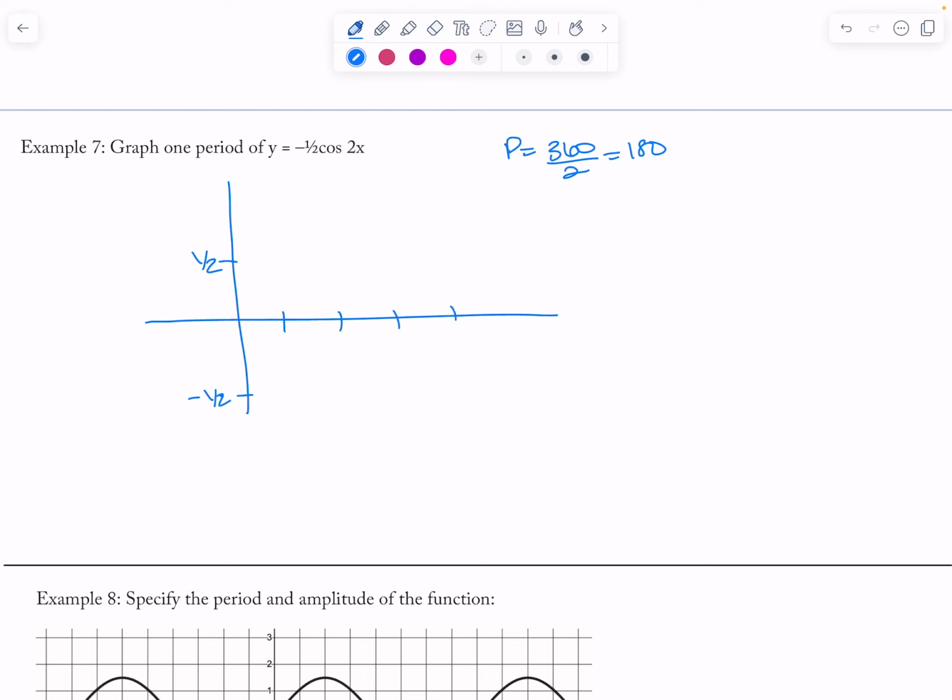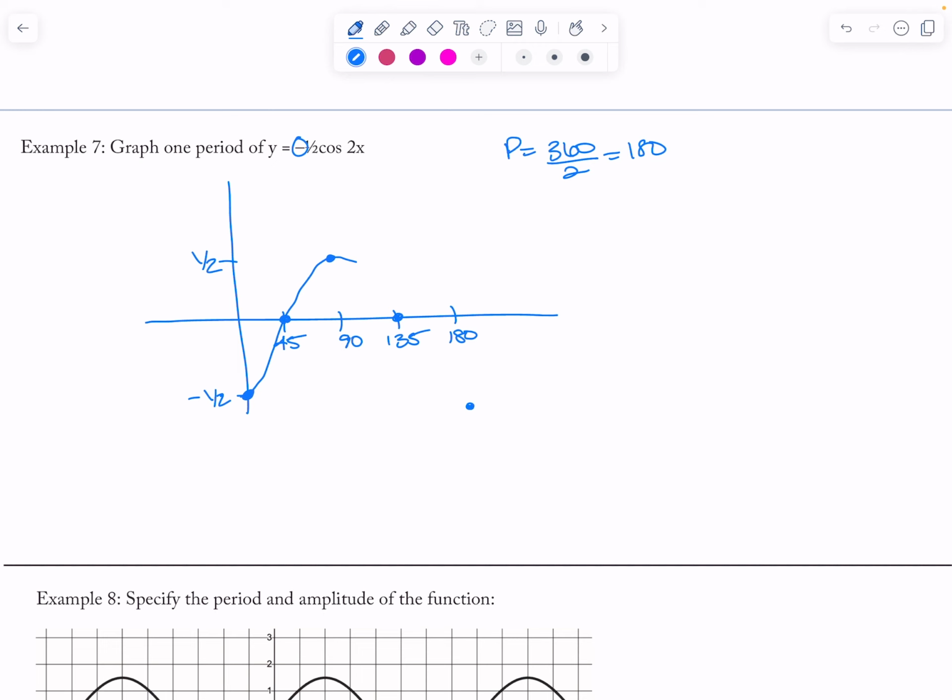So 1, 2, 3, 4. Have to go to 180. Halfway between is 90. Halfway between is 45. So then this makes that 135. I'm doing cosine, which normally starts up at my highest point. Because it's a negative here, it's going to be inverted and start at my lowest point. Then go up to 0. Then go up to a half, back down to 0, and back down to -1/2.